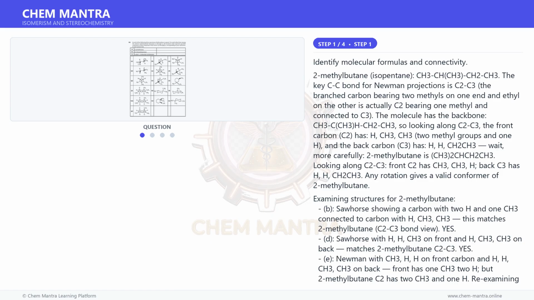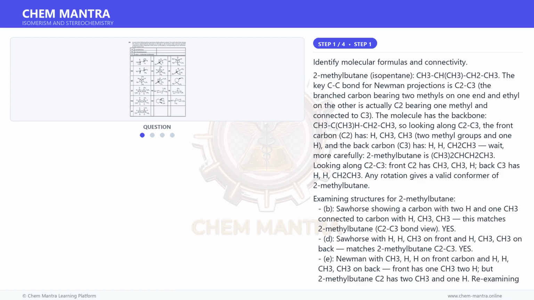This looks like looking along C3–C2, front C3 equal to H, H, CH3, from C4 as ethyl? No, CH3 only. Actually for 2-methylbutane along C3–C2, front C3 has H, H, CH2CH3, which would appear as C2H5. Checking E again, back has two CH3 and one H shown.